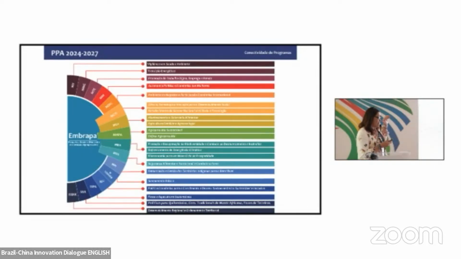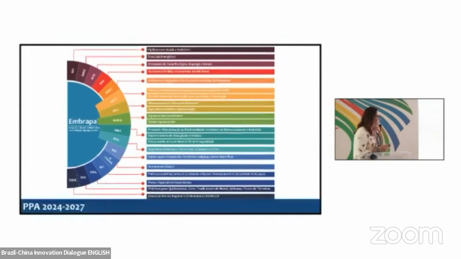These are the ones that we have a direct relation. Each of these ministries that are listed here has programs linked to them where Embrapa performs in a way, in research or in adjustments of public policies or other actions for transfers of technology.